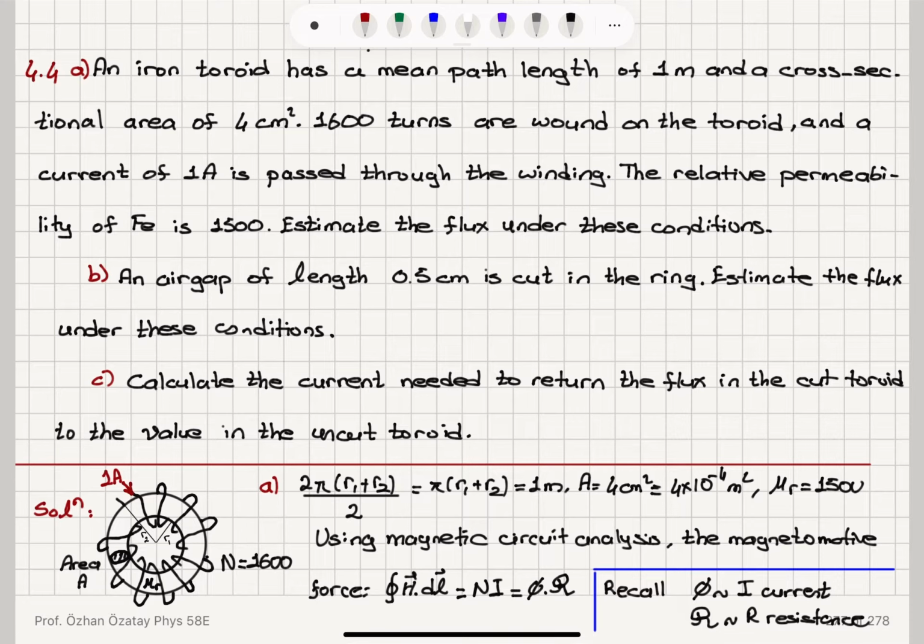Okay, so we're using magnetic circuit analysis to calculate the flux in a toroid that is made up of iron. The iron's relative permeability is 1500. We have capital N turns, 1600, cross-sectional area 4 centimeters squared, and the mean path length of 1 meter.